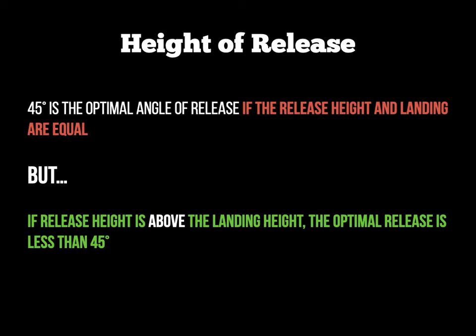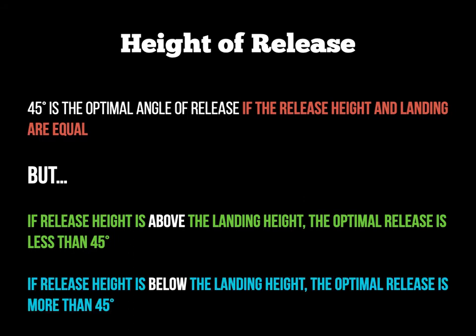So technically that would apply to our javelin thrower, because their hand and their arm and the actual javelin is above their head, but actually the javelin's going to land on the floor. The release height is technically higher than the landing height. However, if the release height is below the landing height, the optimal release becomes more than 45 degrees.